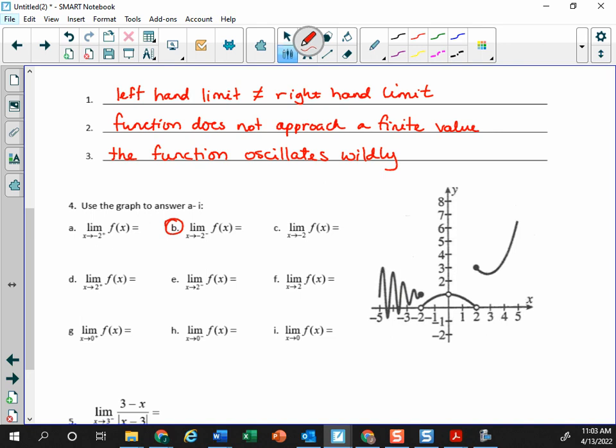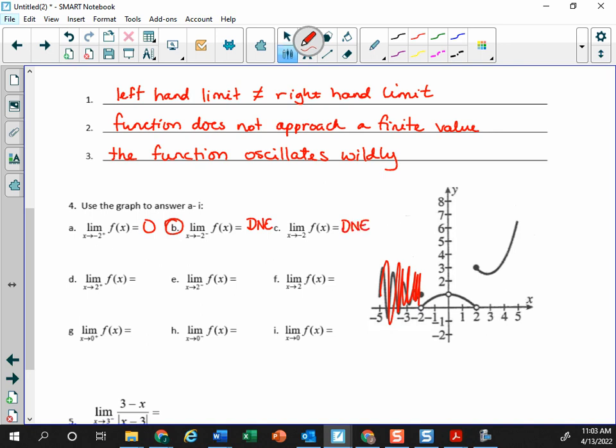All right, guys. Letter A, what'd you get? 0. Okay, B, what'd you get? Okay, yeah, remember this is oscillating wildly. Does not exist. Yep, scribbling is oscillating wildly. Okay, so what does that mean for C? Okay, that one you probably got right.